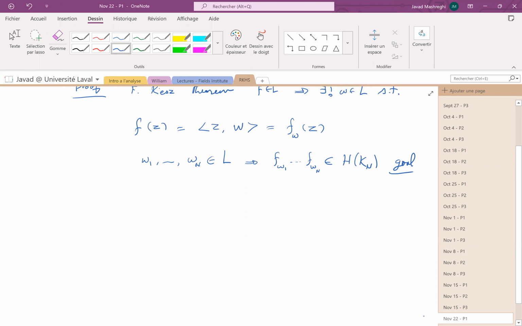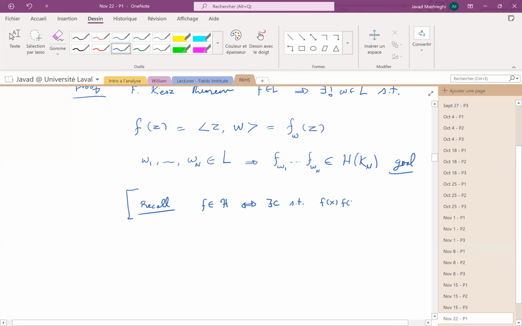So in parentheses, I recall a very important result: f is in H if and only if there is a constant C such that f(x) times f(y) conjugate is less than or equal to C times K(x, y).